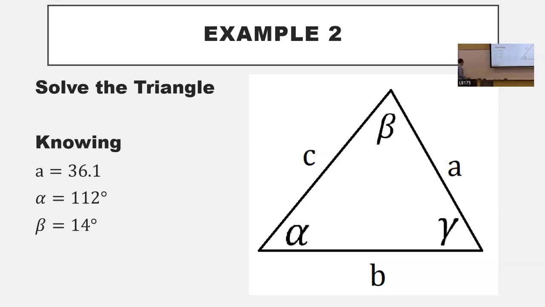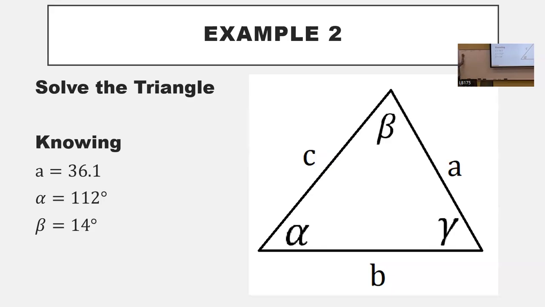So in this case, I'm given that we have angle alpha as 112 degrees. Angle beta is 14 degrees. Gamma, I don't know yet, but we'll quickly find that.